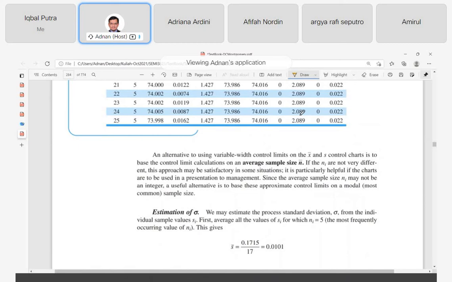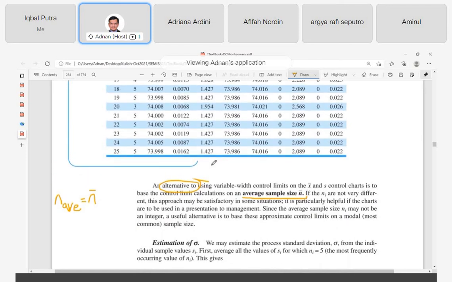So an alternative method that I mentioned just now is using the average sample size, which is n bar. Instead of calculating individually, where every sample has its own control limit, you take the n average and use that n average in the calculation of control limits.